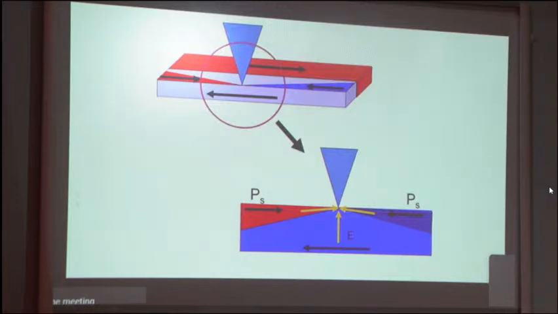And when we apply voltage more than the coercive field, the polarization is oriented like this, and in this situation we see different orientations of polarization in different domains with opposite polarization.